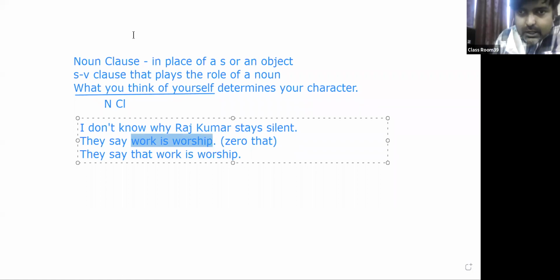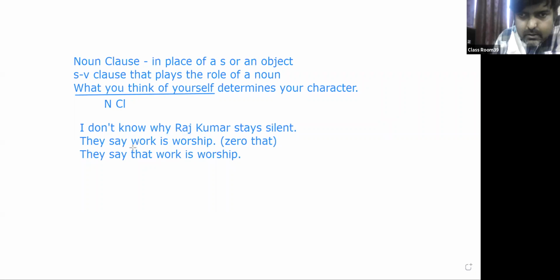I should underline it for you. This is a zero that, and this is a that clause of a noun clause. So both are examples of noun clause.